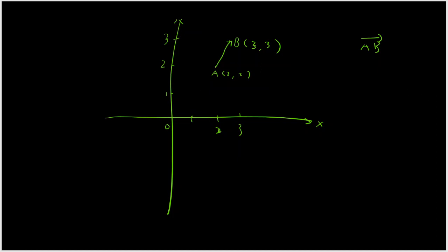Anybody want to tell me how to represent AB? Later on you are going to have a formula, but now I want you to tell me how to represent vector AB using the definition.